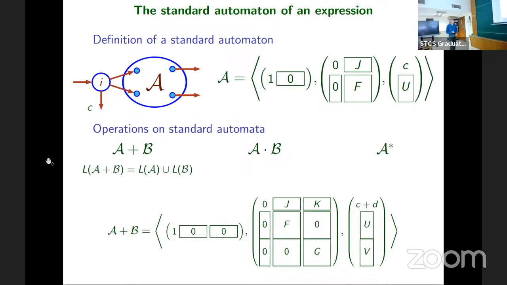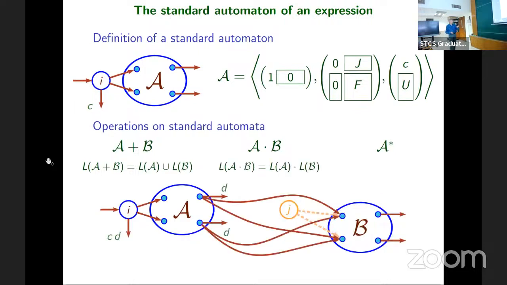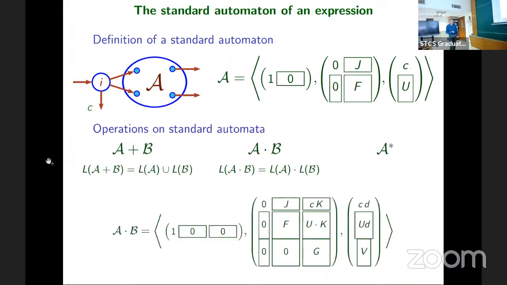Okay. And for the product, it looks like that. And again, it's easy to give the matrix description of that operation. Having the matrix description means that we will be able to prove things, not just say we see that, having to look at the paths.